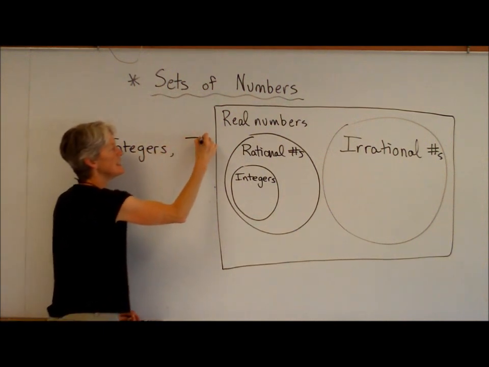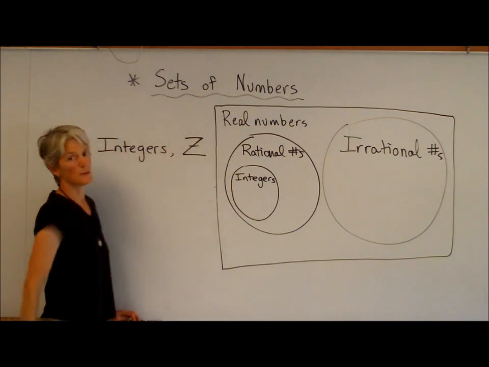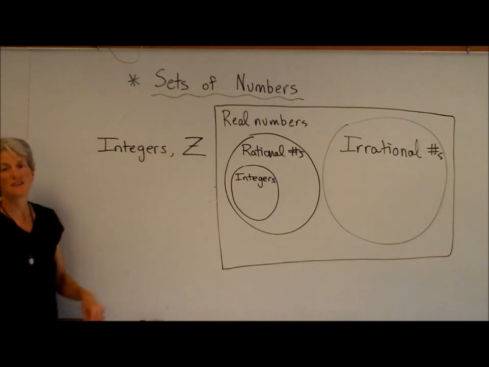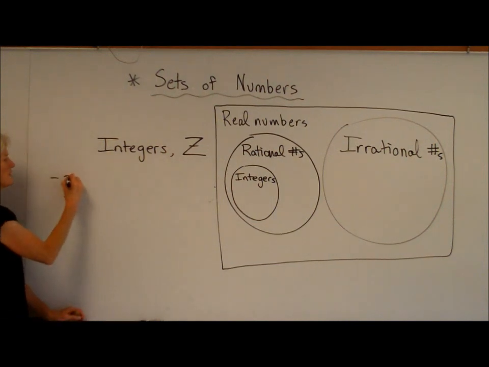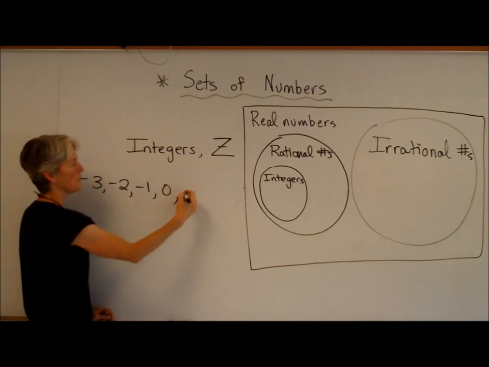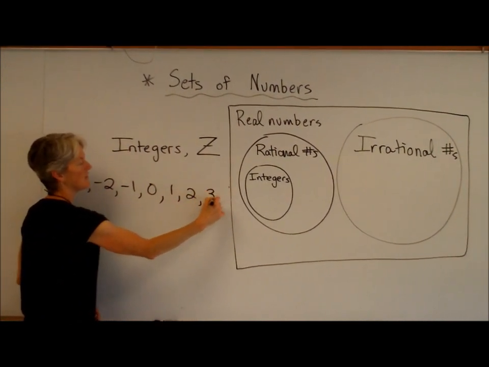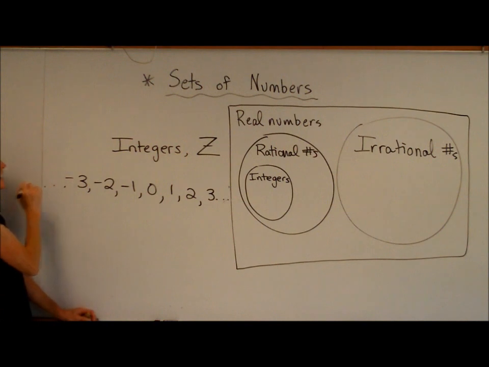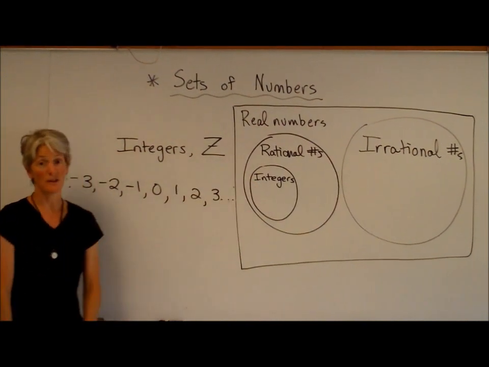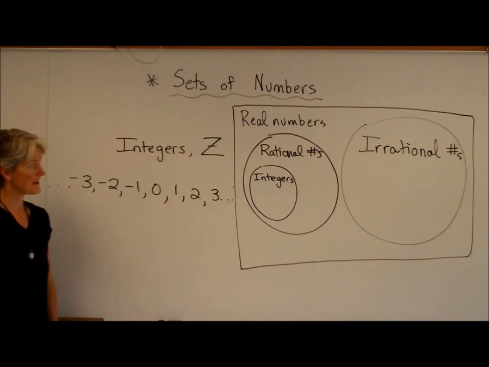Integers starts with Z, from the German word Zahlen or something like that. That's where the Z comes from. Integers are just your counting numbers plus 0, positive and negative, and those go on and on forever. I think you can agree that those are all rational numbers.